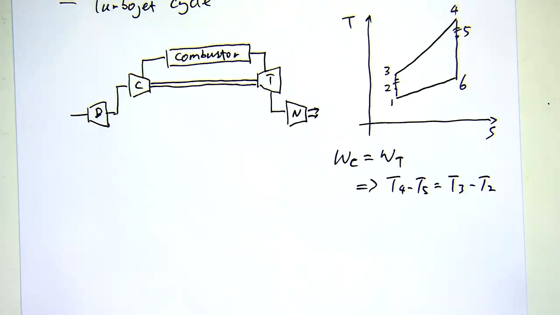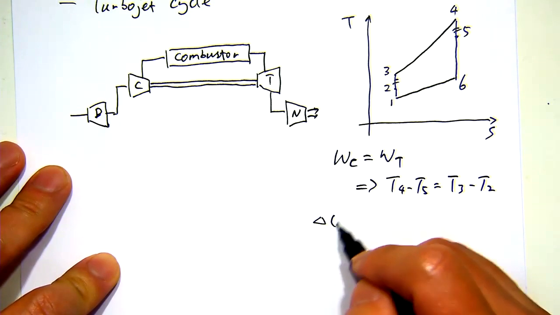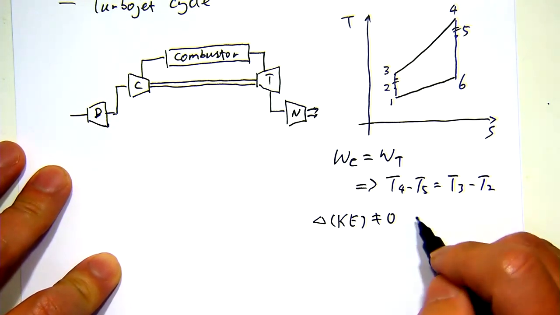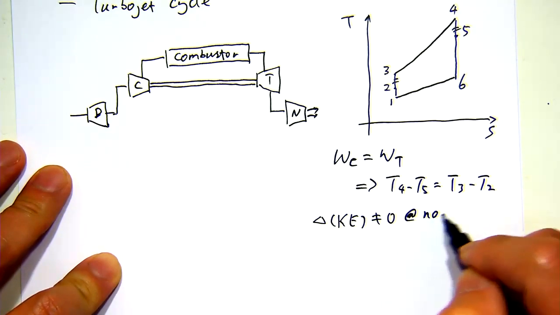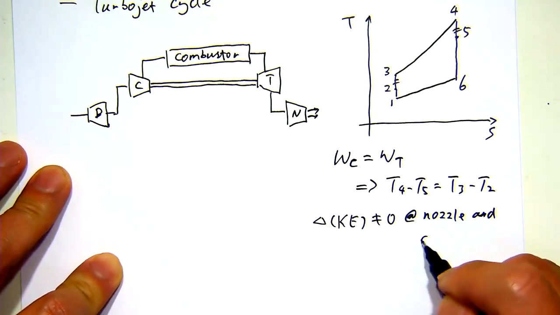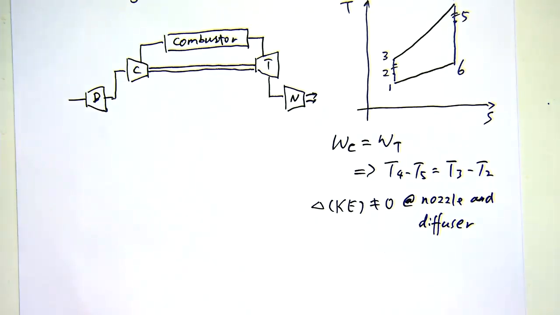So that's one, and the other one, as we said, the change in kinetic energy is not equal to 0 at the nozzle and diffuser. Although the diffuser is an equivalent component working on the opposite principle to a nozzle, the diffuser is not always used.